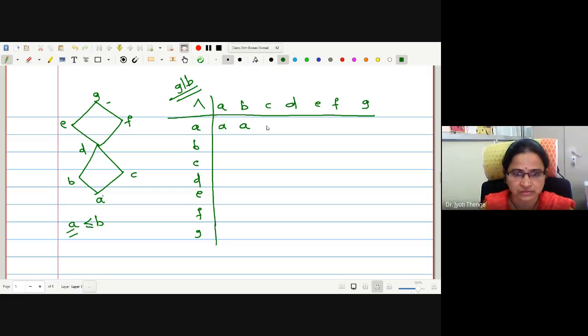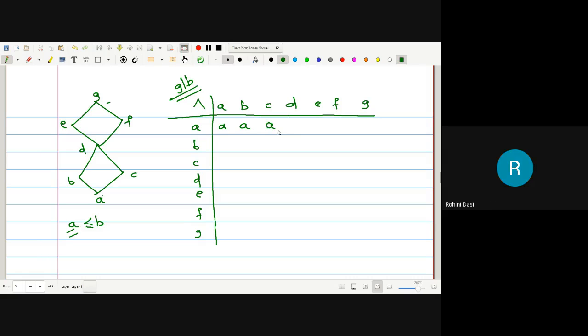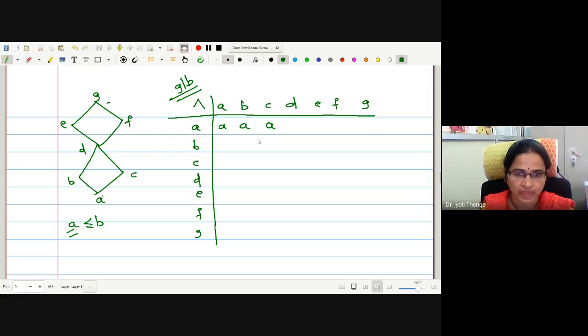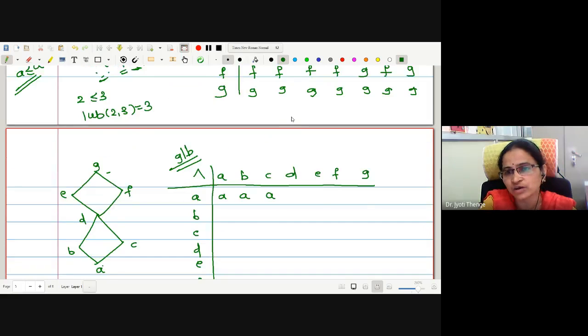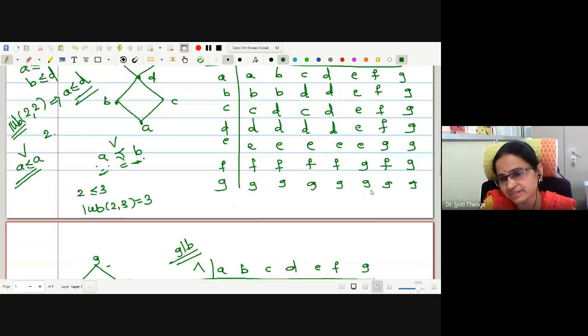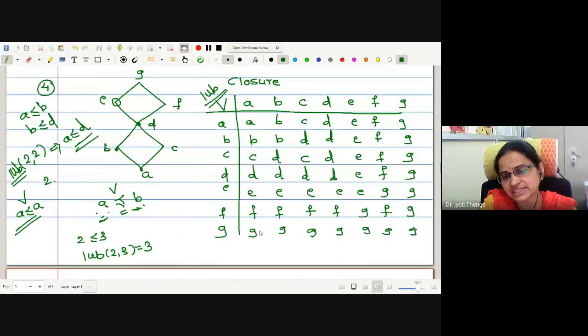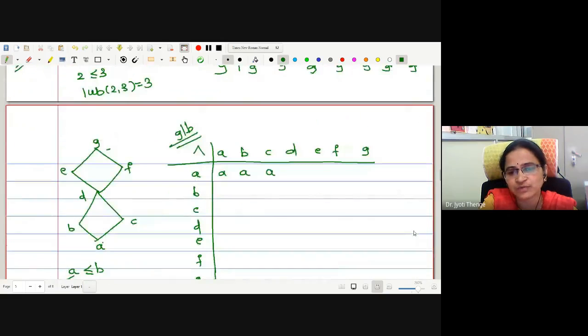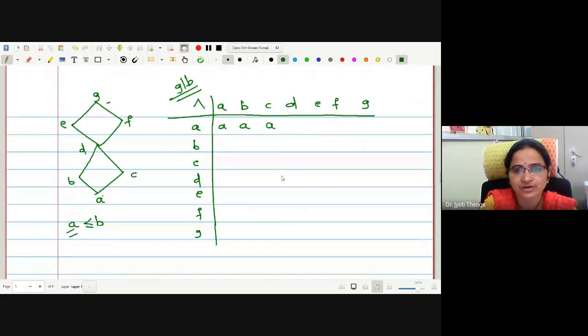A and C, A. A and D now. As here we have written the last line, or upper bound as G throughout, therefore for the lower bound, nothing to think. The greatest lower bound will be A itself.